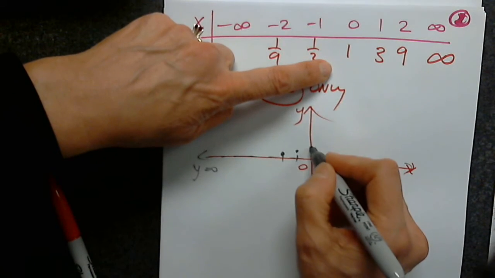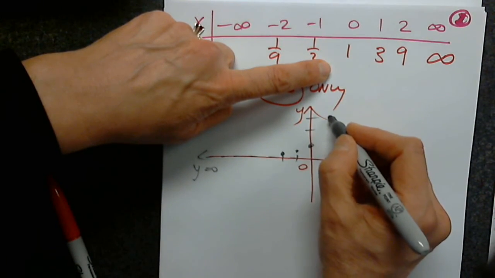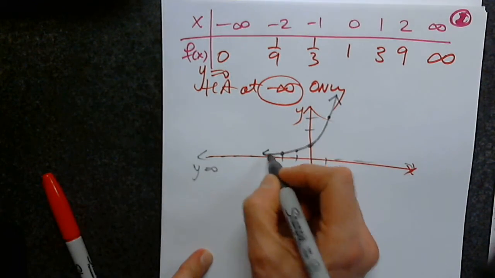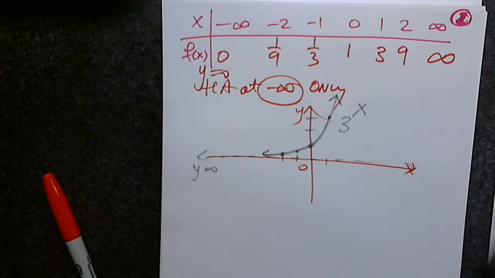The next one is 0, 1. The next one is 1, 3. And this is the graph of 3 to the x. Very unusual, very unique. We've never seen this before. This function has a horizontal asymptote on one side and it blows up on the other.